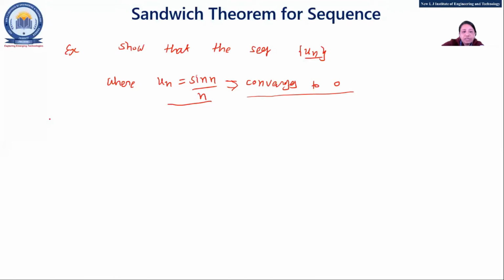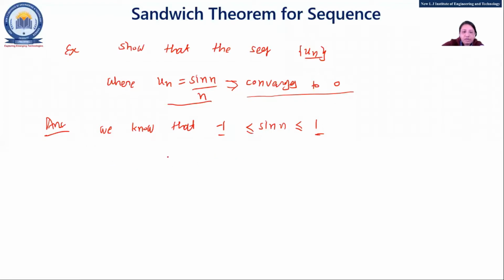That means minus 1 and plus 1, fine. So we know that minus 1 is less than or equal to sin n, which is less than or equal to 1, because that value is between minus 1 and 1, right?